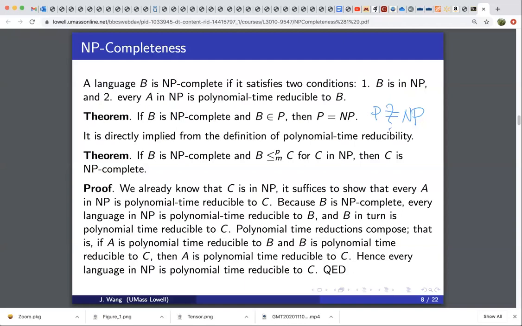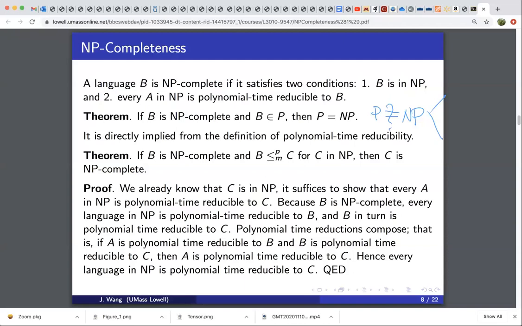So for cryptography, we don't want P to be equal to NP, but for algorithm designers, we want P to be equal to NP. But we don't know whether it's true or not in either direction. There isn't any mathematical proof, despite intensive efforts for about 60 years.